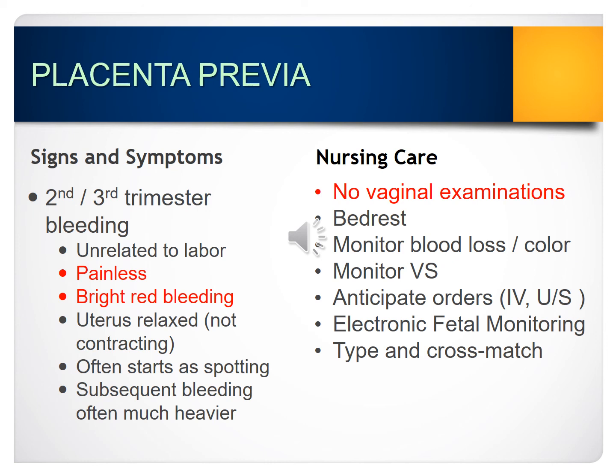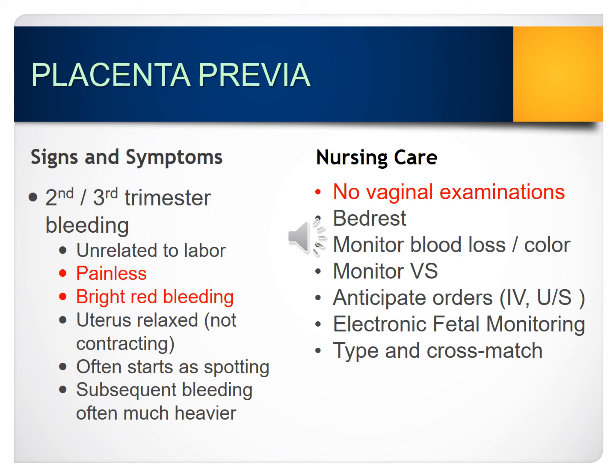And so when a placenta is lying close or near the os, a woman could be at risk for vaginal bleeding. Placenta previa is diagnosed early on in the pregnancy, around that 20-week ultrasound, when the doc or midwife will note the location of the placenta.